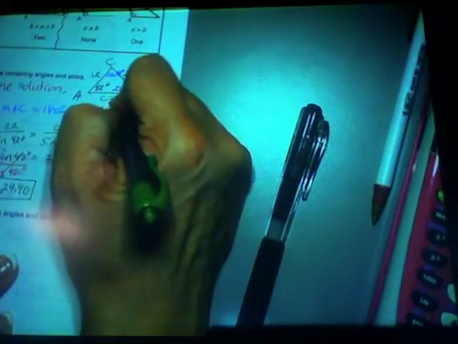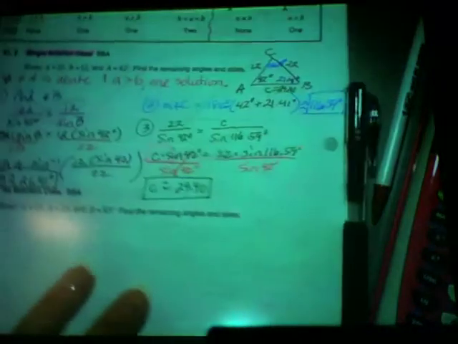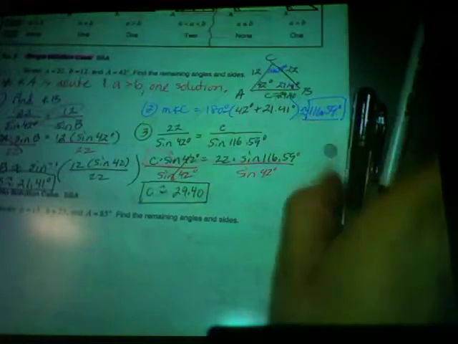Why? That would make this the biggest side, right? 29.40 out of all three, that would be the biggest side. So there are my three missing parts. So really, the only difficult part is trying to figure out what do I do for the first step to get my answer. You all right with that?